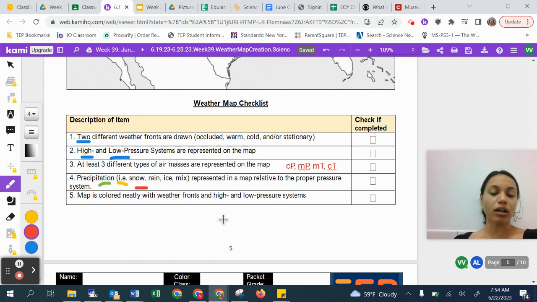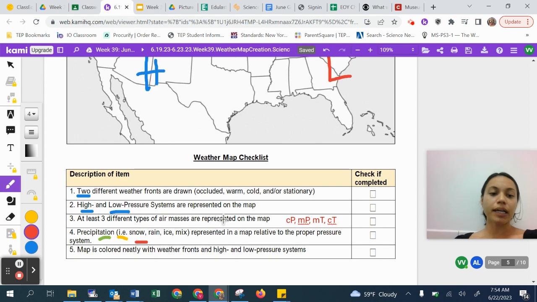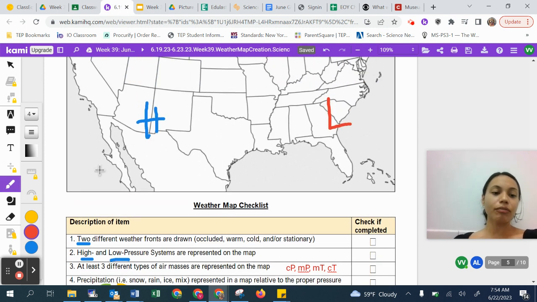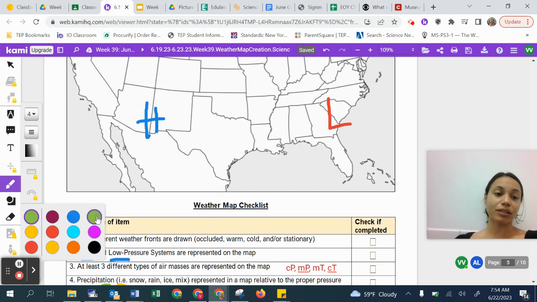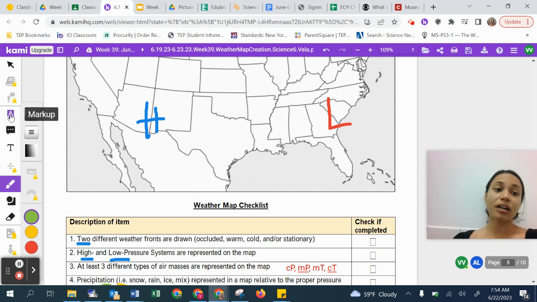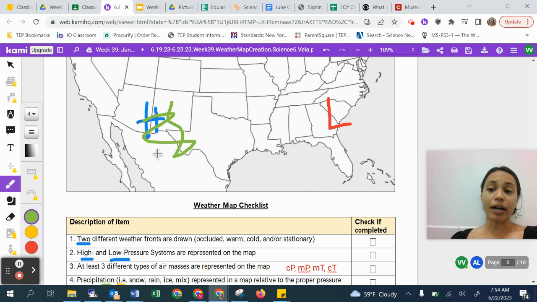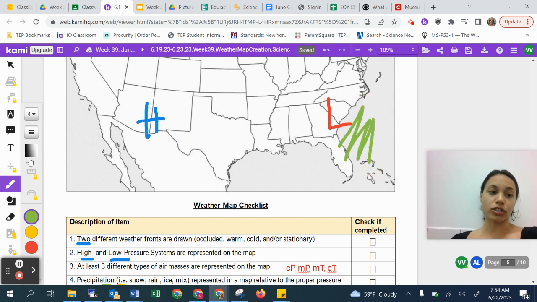So you're going to be doing all of that here. But if you have precipitation, I'm just gonna be honest with you. If you have precipitation around here, that makes no sense to me next to a high pressure system. And why is that? Because that should have clear skies in a high pressure system. All right. So you should have some precipitation near a low pressure system.